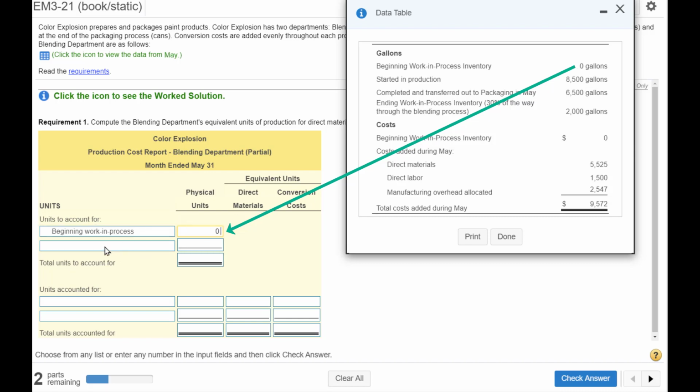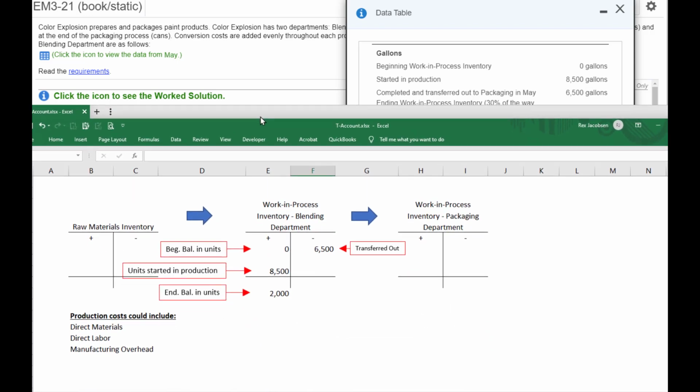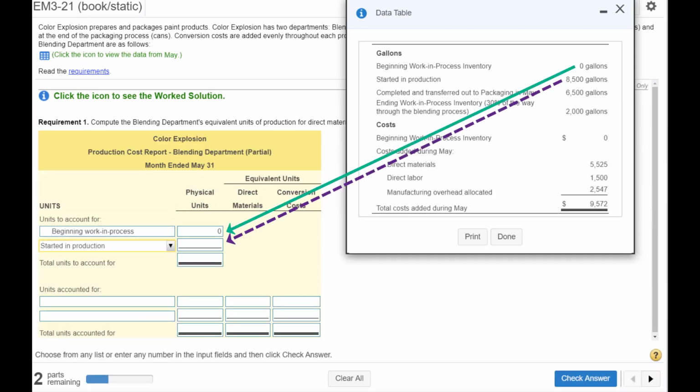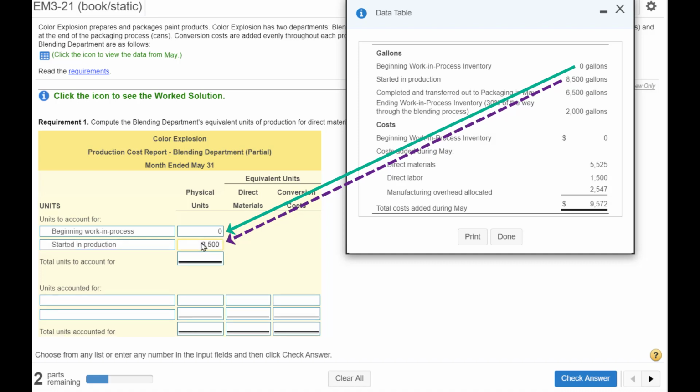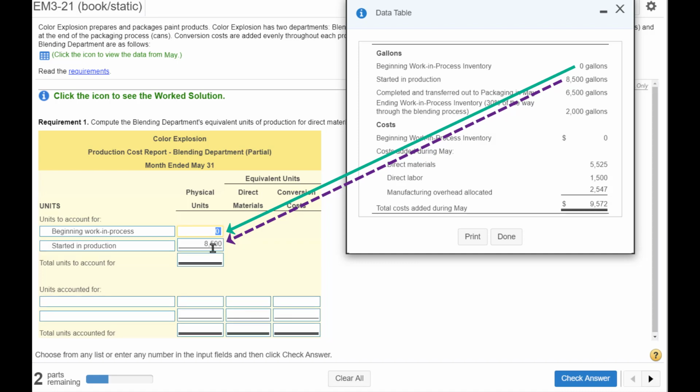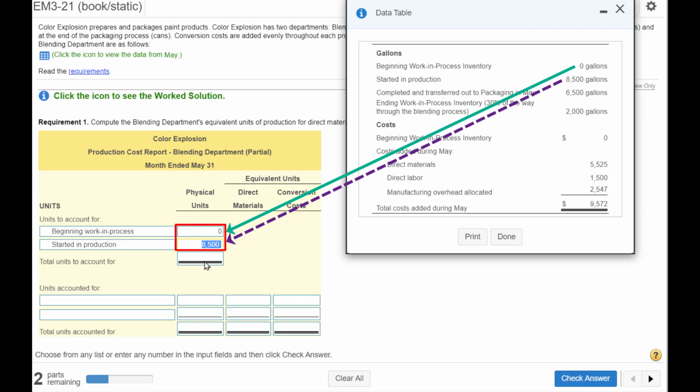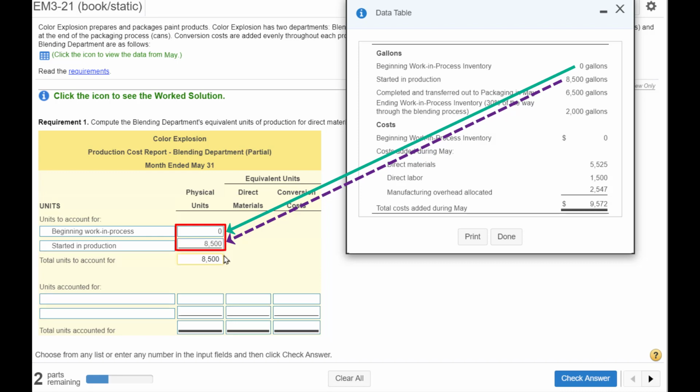And then they are the units started in production, which, just to give you a visual, it's the 8,500 started in production. Where do we get that 8,500? We got it from here. Copy and paste. So the units to account for are 0 plus 8,500. I can do the math in my head.